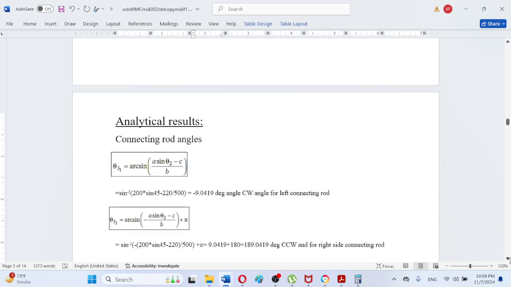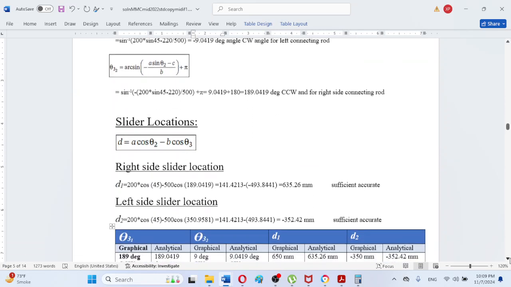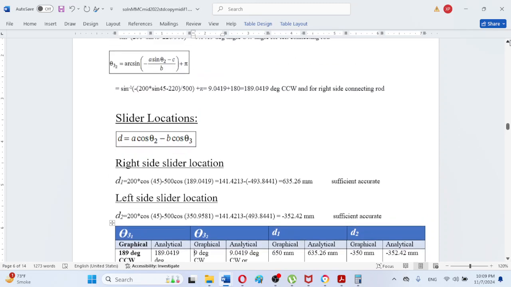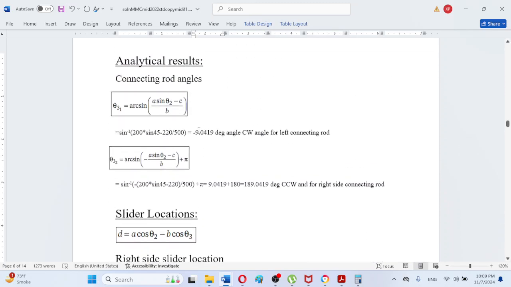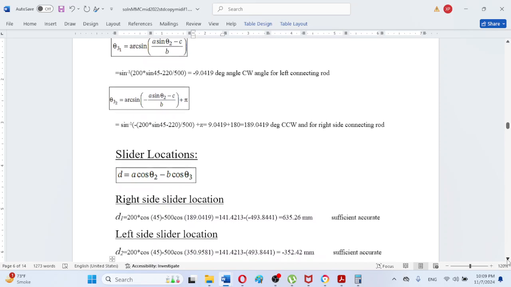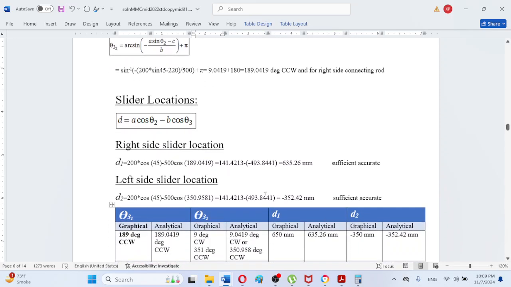So again it has been verified that these formulas or notations can be alternatively used. Theta 32 is 9 degrees clockwise, so due to this reason there is a negative sign preceding this result, because conventionally the angles in the clockwise orientation are treated as negative.